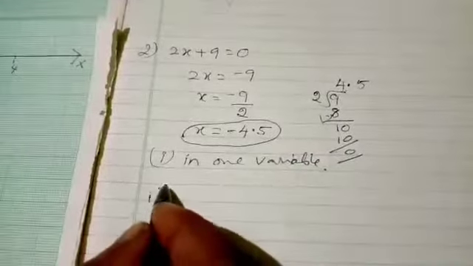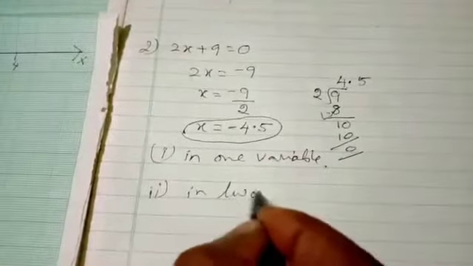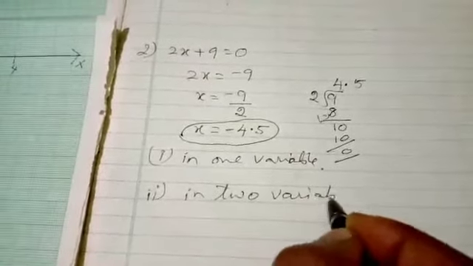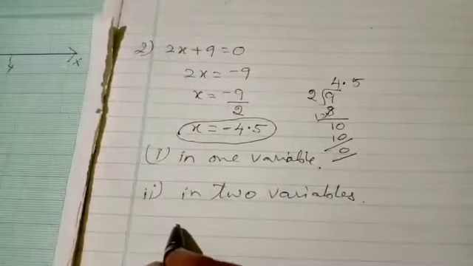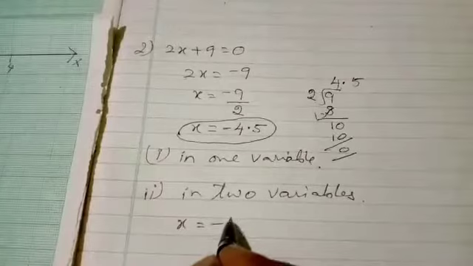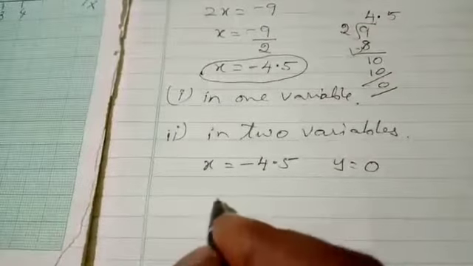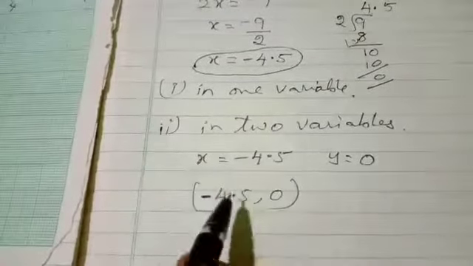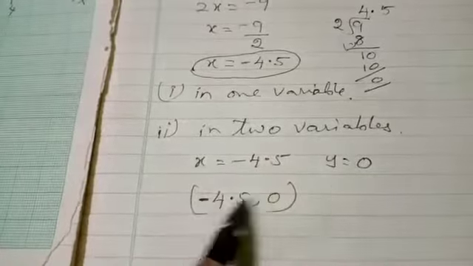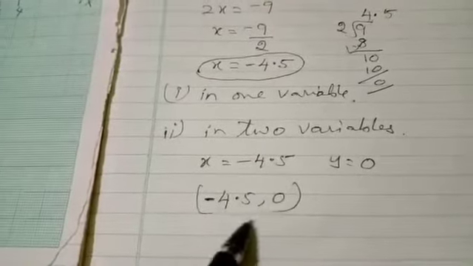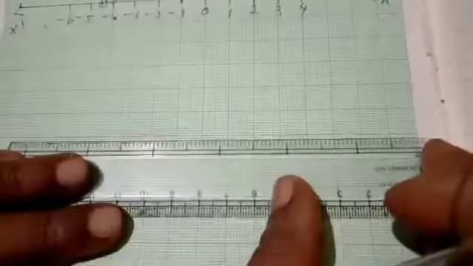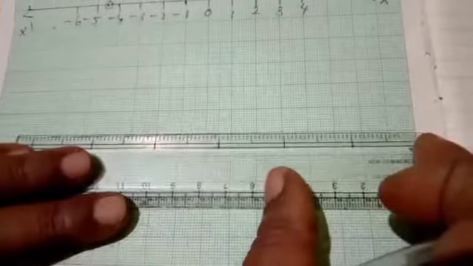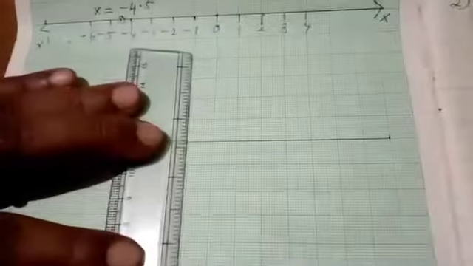In the second question, in two variables we have to show it. Here the x value is minus 4.5 and the point is minus 4.5 comma 0. Here the x value is minus 4.5, the y value is 0. For this we have to show it in two variables. We have to draw the x axis and the y axis now.